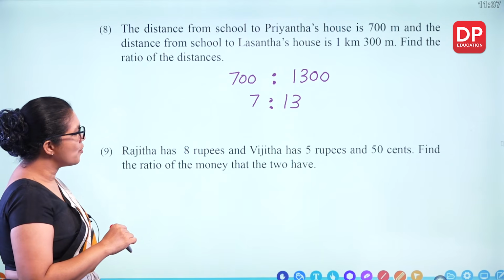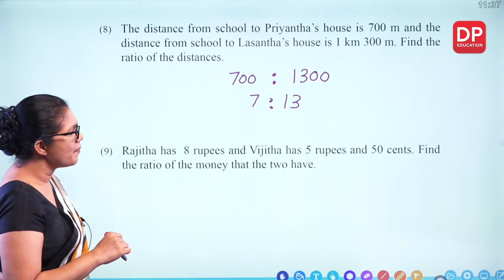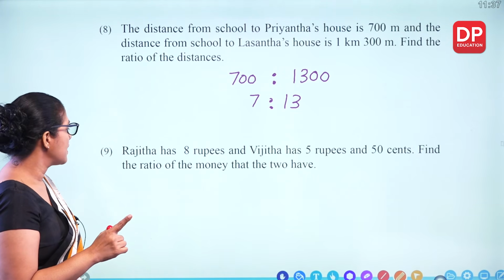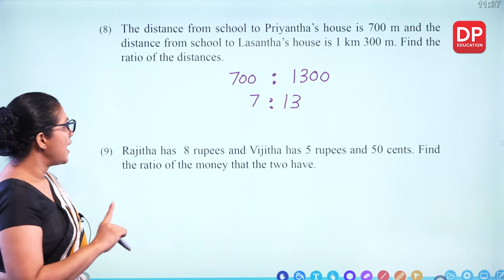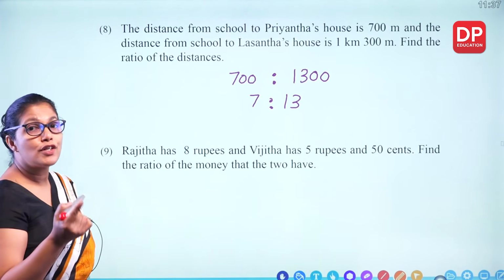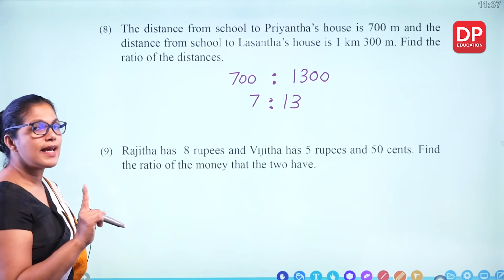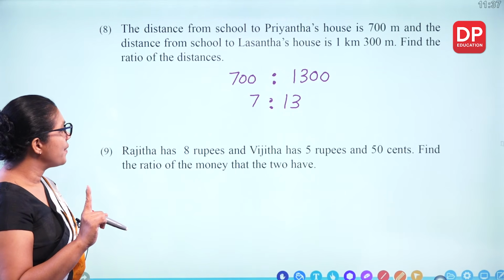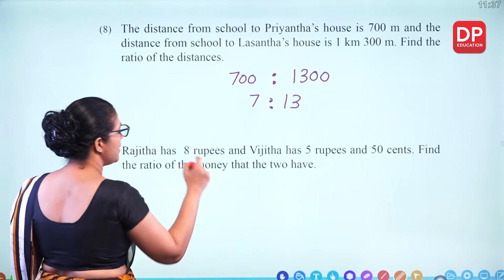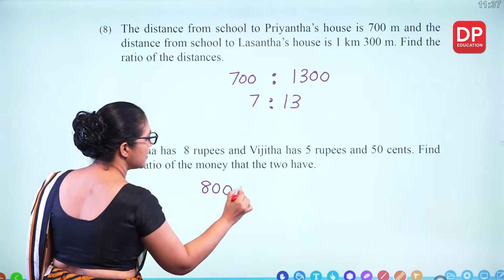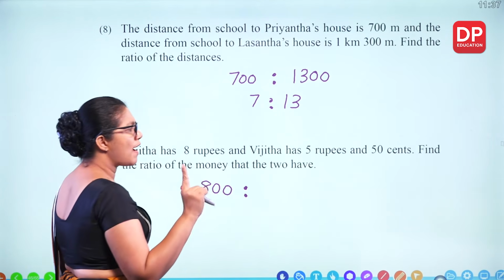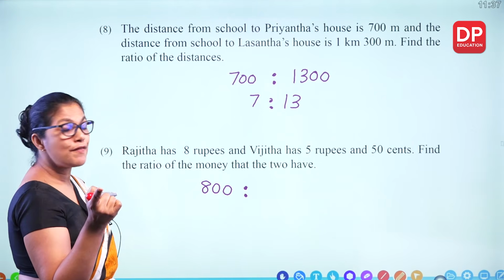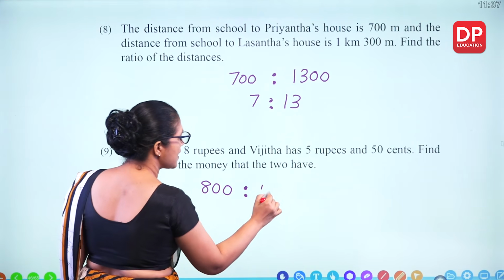Rajita has 8 rupees and Vijita has 5 rupees and 50 cents. Find the ratio of the money that the two have. 8 rupees. So we'll convert to cents. 100 cents, 1 rupee. So 800 here. 800 cents. What about here? 5 rupees means 500 and there's another 50 cents. 550 cents.